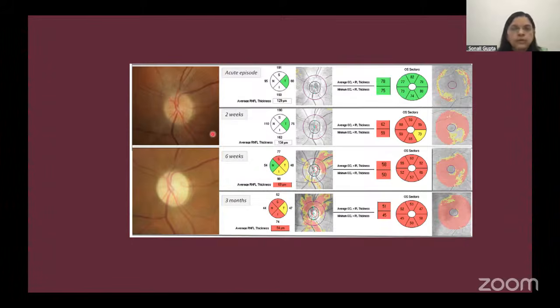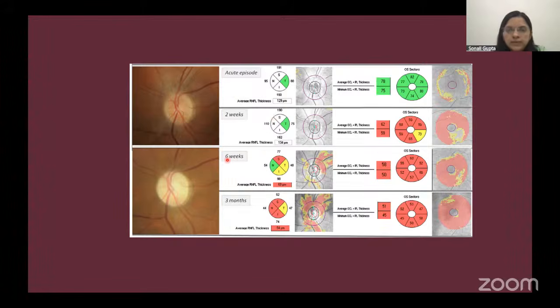The 2 week follow-up showed that the RNFL is still thick because the edema had not resolved, so the RNFL thinning could not be appreciated. It was masked by the edema, but the ganglion cell layer thinning had started to set in, which shows that there was a loss of nerve fibers happening, which was not picked up in the thickness of RNFL alone.